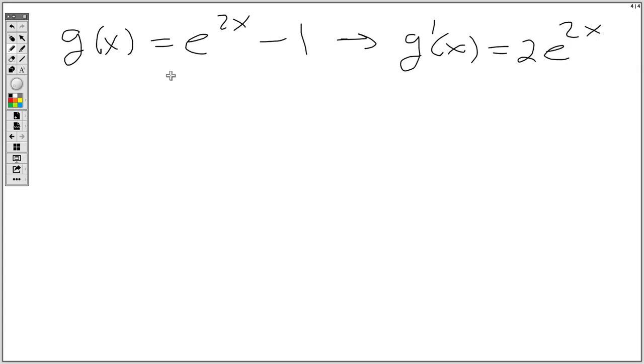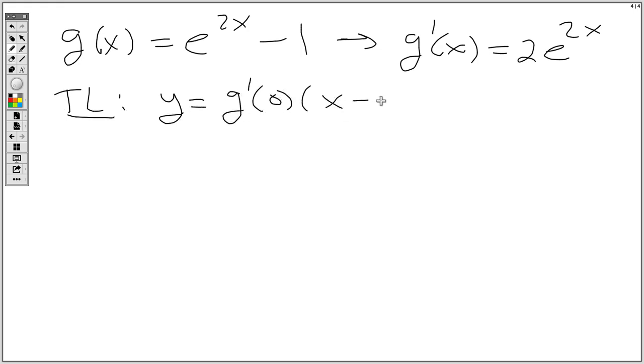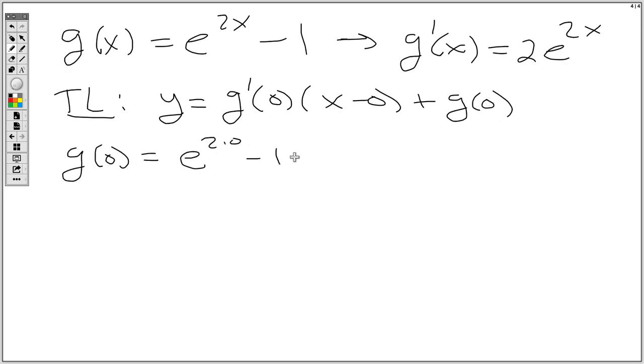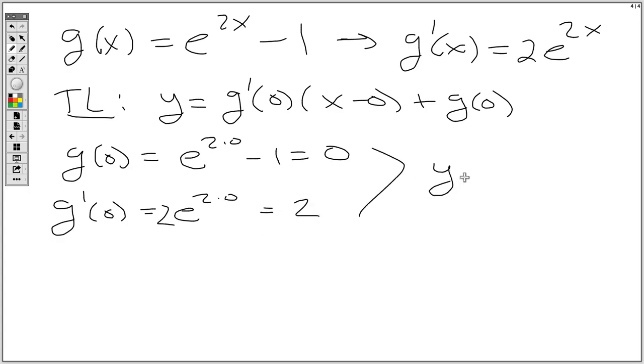And so for the tangent line, once again, y equals the slope g prime of 0 times x minus 0 plus g of 0. G of 0 we know is 0. G prime of 0 is 2. So I put these together, I get y equals 2x.